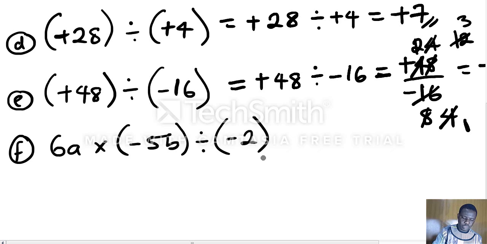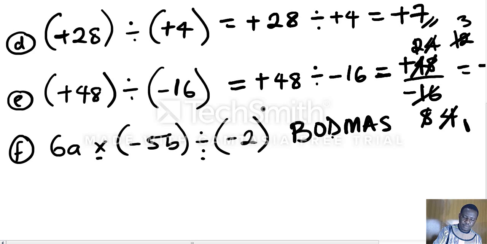And the last example says 6a times minus 5b divided by minus 2. Here we are going to obey the BODMAS rule, which says brackets, order, division, multiplication, addition. We are having multiplication and division operations, so which comes first is that of the division. So I'm going to divide before I will multiply, meaning I'm going to carry out this operation before I will multiply with 6a.